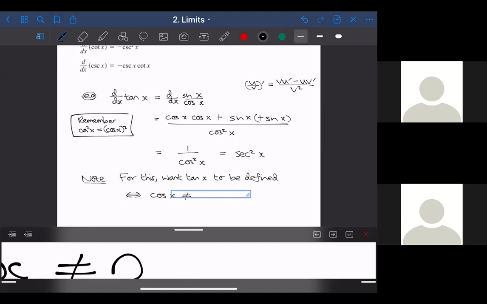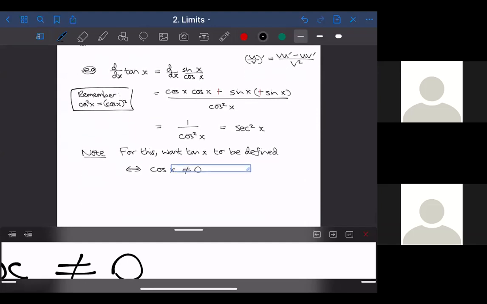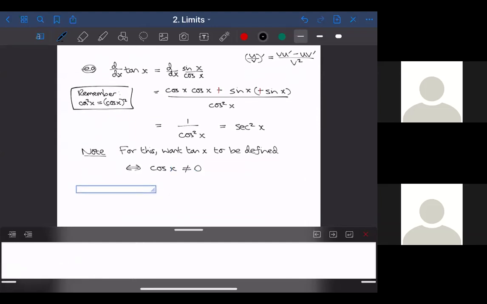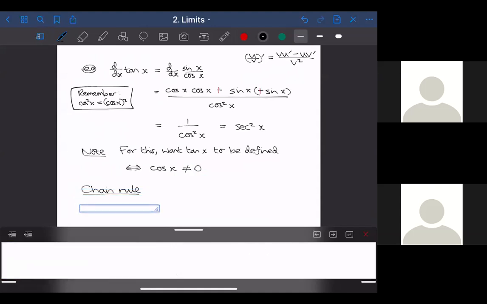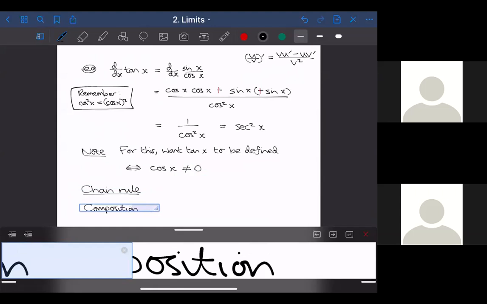Okay, so we can start in the last part with an important way to calculate further derivatives if I have a composition of functions.